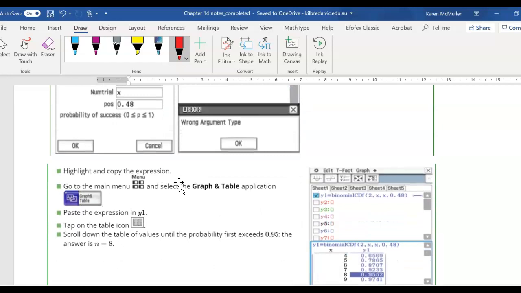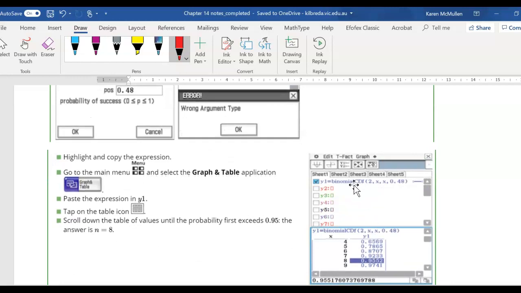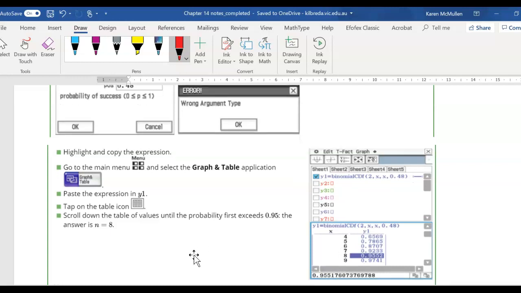You highlight and copy the expression, so we copy the binomial CDF expression. You can see they've done that into the graphing screen, and then we tap on the table. When we do some questions, I'll show you also how to do this on your calculator. Then you can just scroll down until you get a number that is greater than 0.95, and you can see there it is 8. So we get our integer values that way.